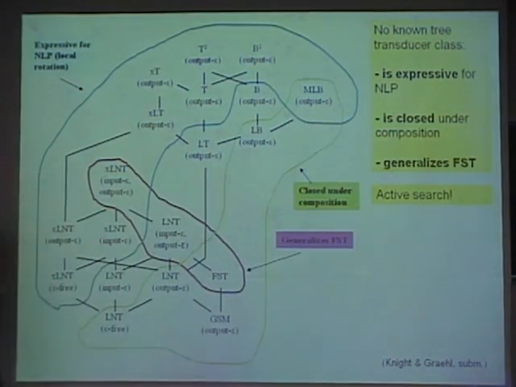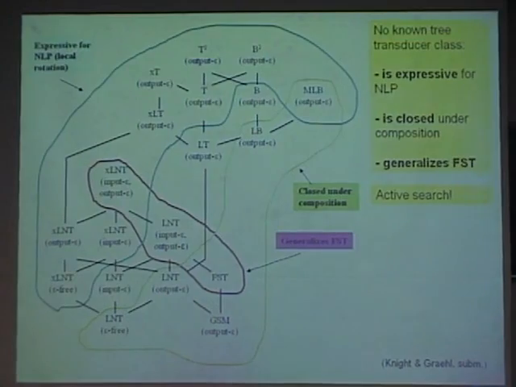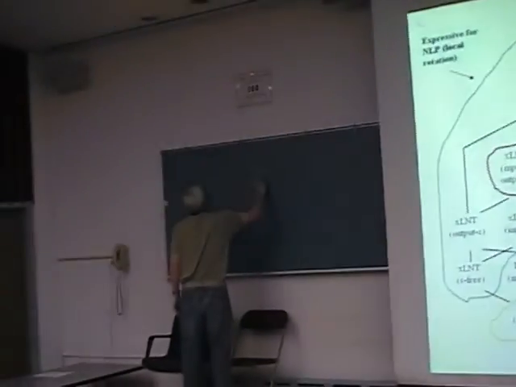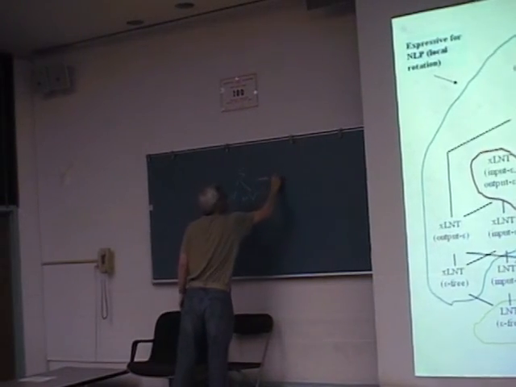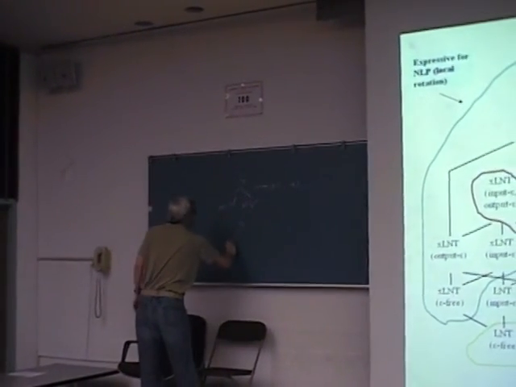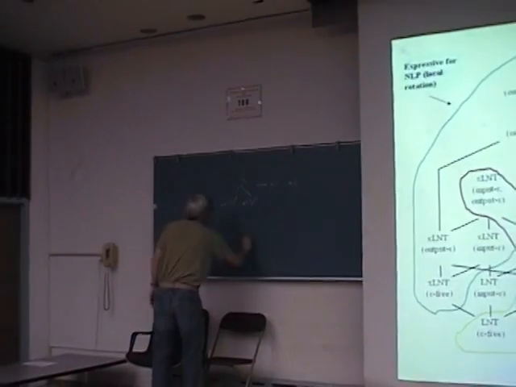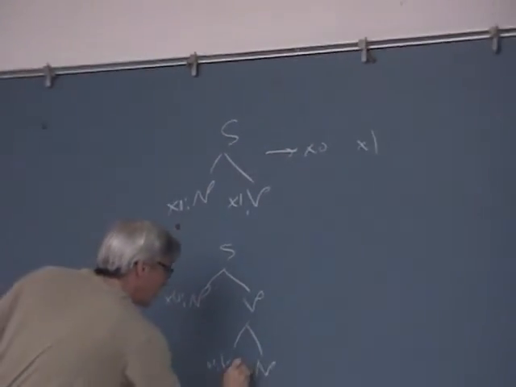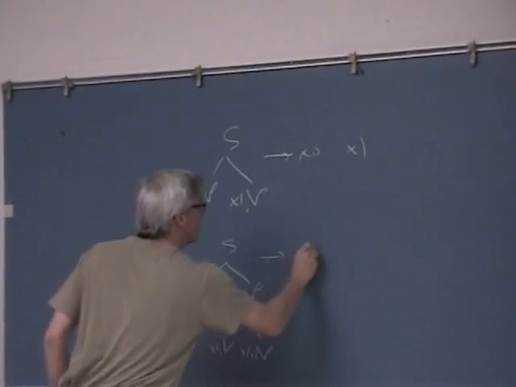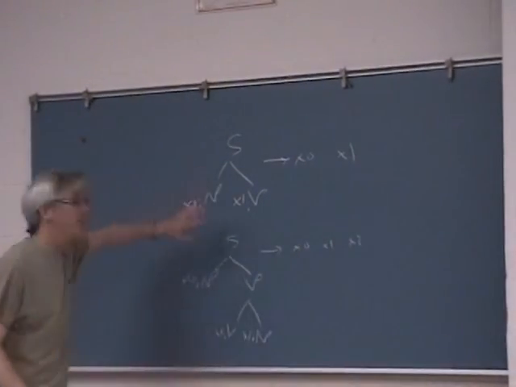So you've got one more good figure here. If you have something like S NP VP X0, this could apply, or X0 VP V. Let's say either one of these rules could apply to your input tree. So shouldn't they compete?